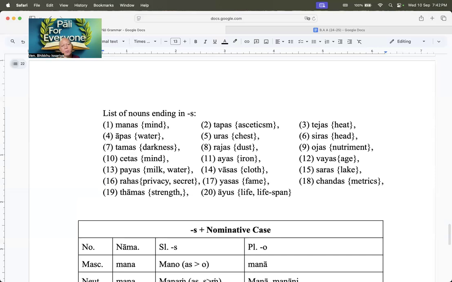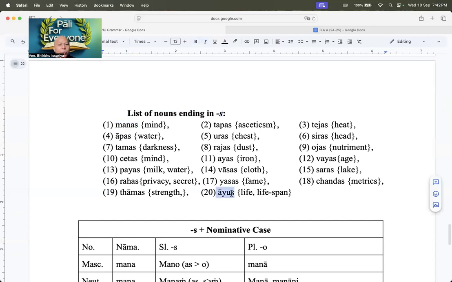So that is why, if we understand manas, the remaining 18 can be understood, but ayu is a little bit different.